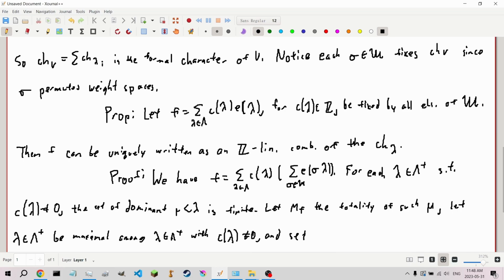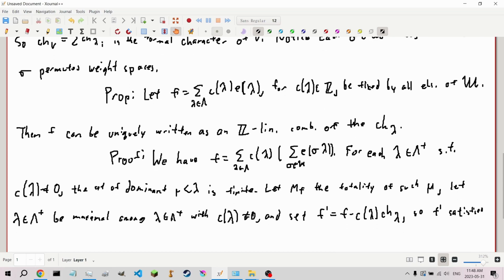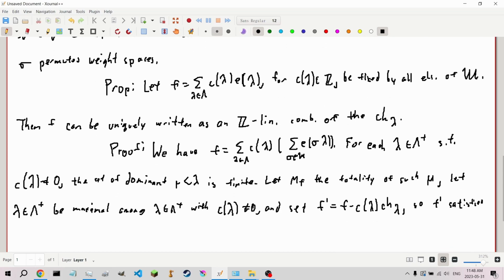and we're going to set F prime to be F minus c of lambda times the character of lambda here, the formal character of lambda. So clearly F satisfies the hypothesis of our proposition.